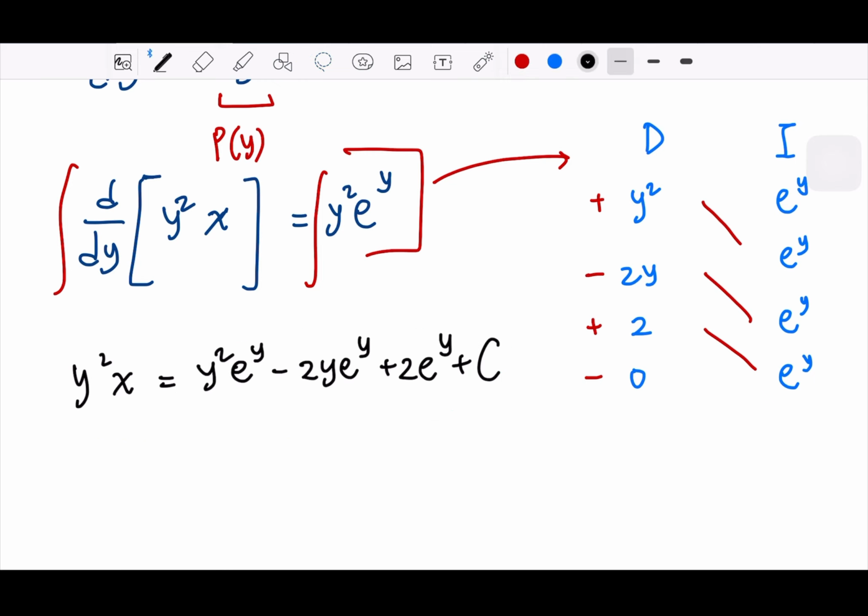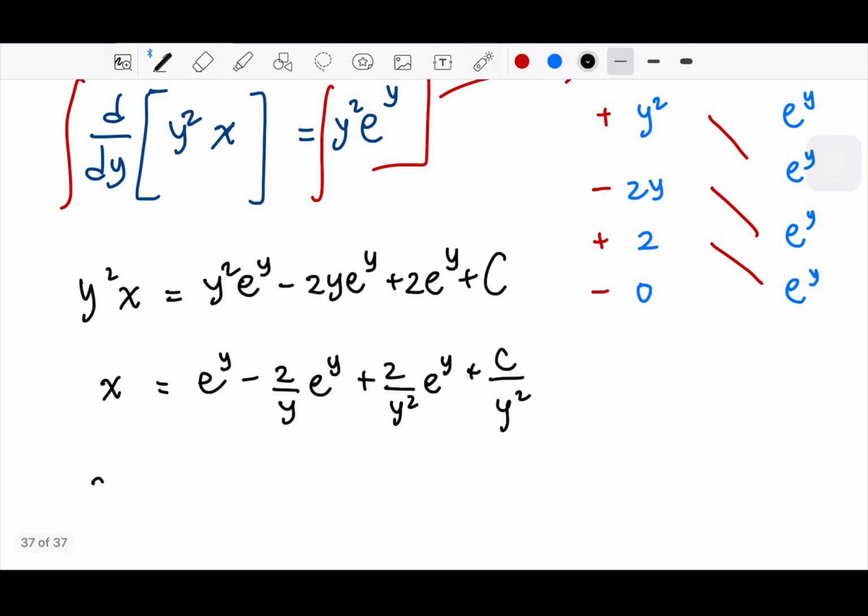And then the solution will be in x now. We divide by y squared, so x equals e to the y minus 2 over y e to the y plus 2 over y squared e to the y plus c over y squared.